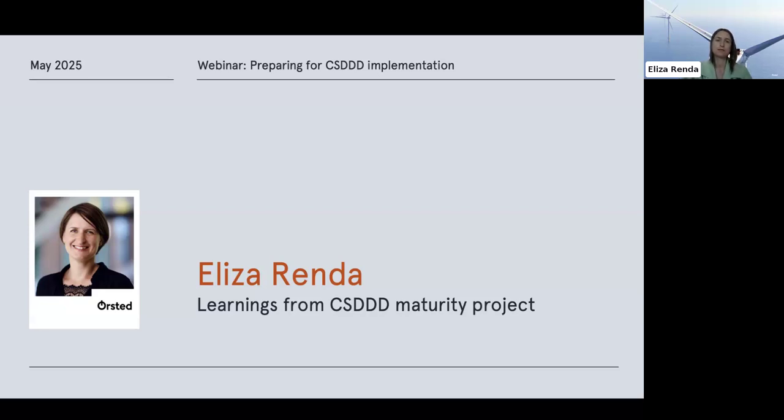Getting an overview of that can be a little bit complex, but it also means that potentially in the future we can streamline the processes better. So there are two sides of the coin, and that's why we're doing the gap assessment as well, to uncover where we can actually become more streamlined.